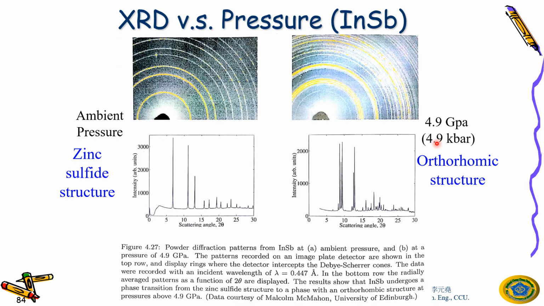This just gives you an example that the X-ray pattern of this material will change because of pressure. This is under ambient, atmospheric pressure, and this is a pressure of 4.9 gigapascal, which is very huge pressure.